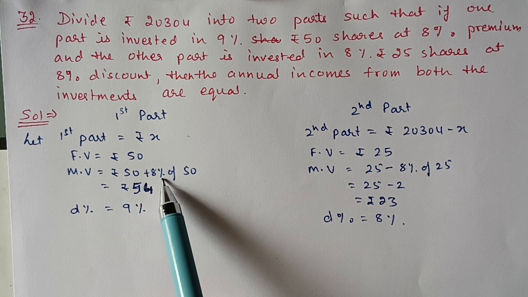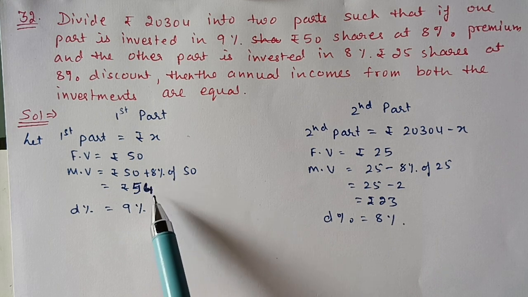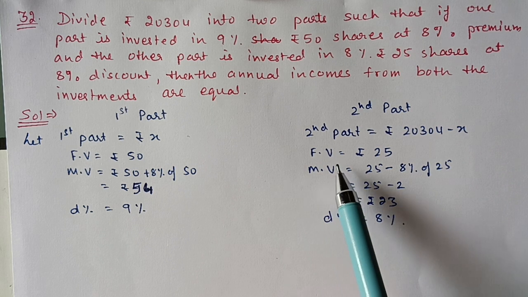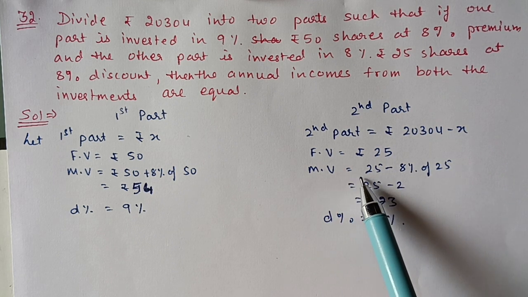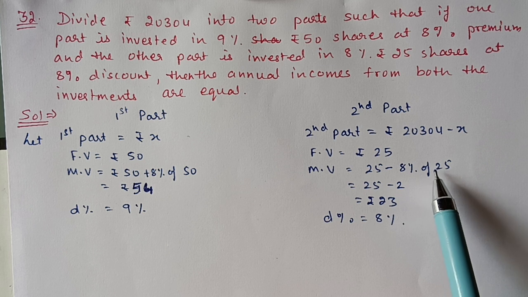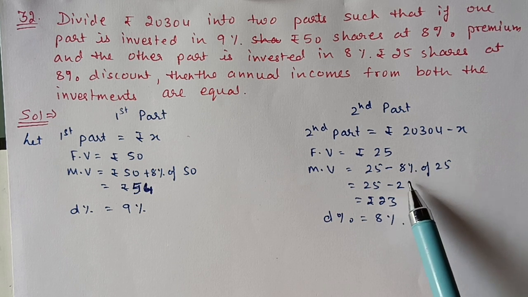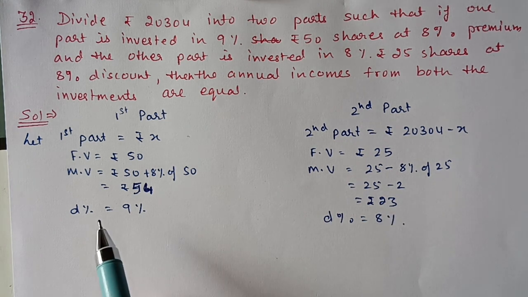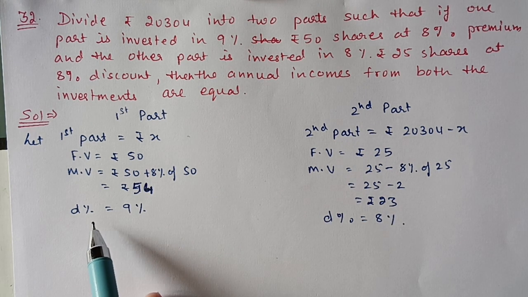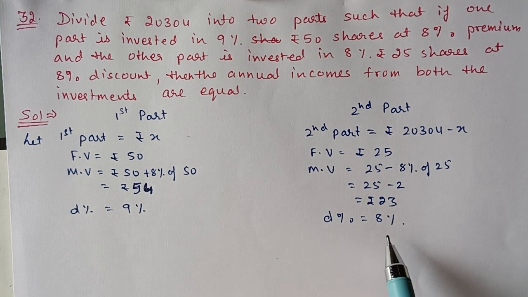For the first part, face value is given 50 rupees and market value is at 8% premium. 8% premium means you have to add 8% of 50 to this, which gives 54 rupees. For the second part, face value is 25, so market value is at 8% discount. So now we will subtract 8%, which gives 23 rupees. For the first investment, dividend is 9% and for the second investment dividend is 8%.